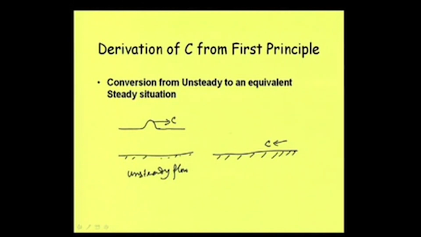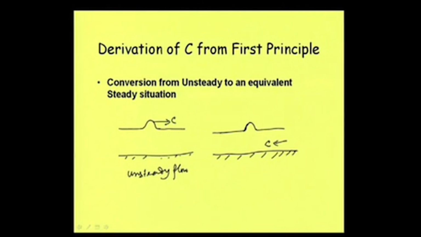The wave is moving with velocity c in the downstream direction, and the fluid media is now moving in the opposite direction with velocity c. So the relative velocity will become 0, and the wave will remain in this position, and now we can observe it carefully. Let us see how we can analyze it.